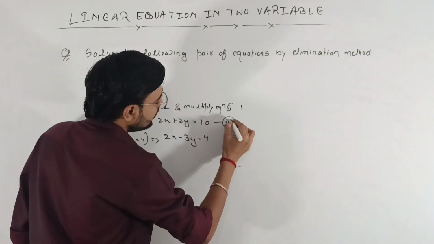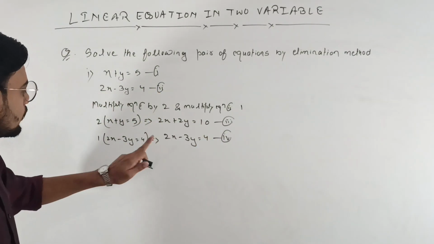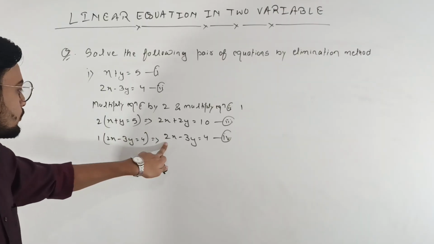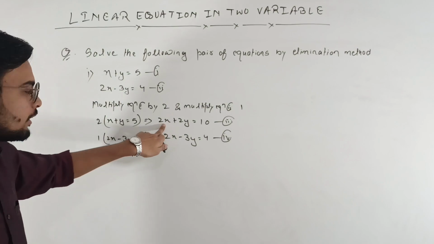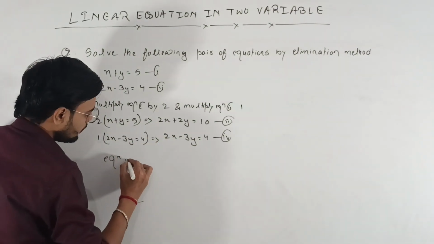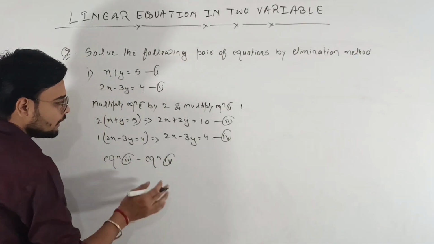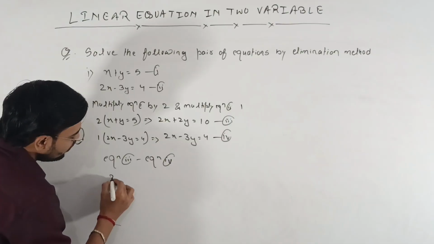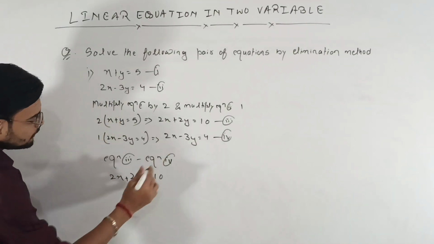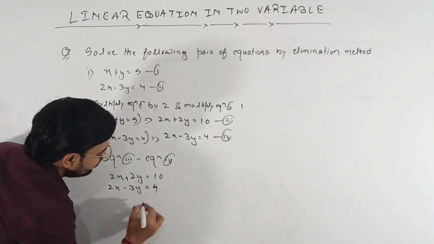Now this is my equation number third and this is my equation number fourth. Now we have to cancel x. Look, this is plus 2x, this is plus 2x. Then we have to subtract equation 3 minus equation 4, which means we subtract equation 4 from 3. Then our x is eliminated. So 3 is 2x plus 2y is equal to 10 and 4 is 2x minus 3y is equal to 4.